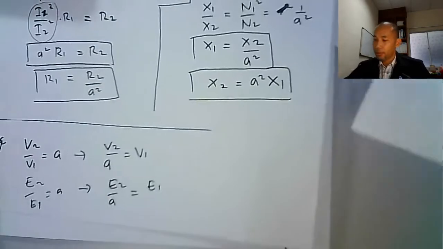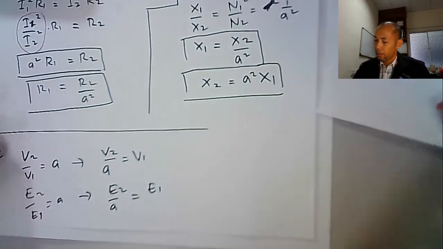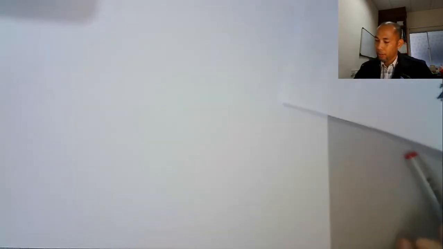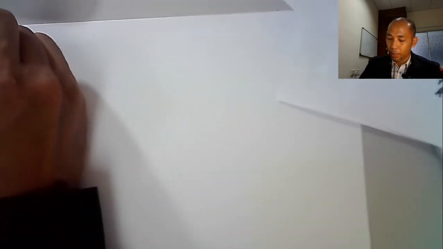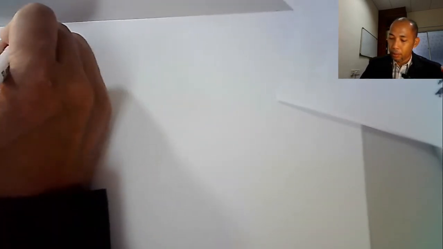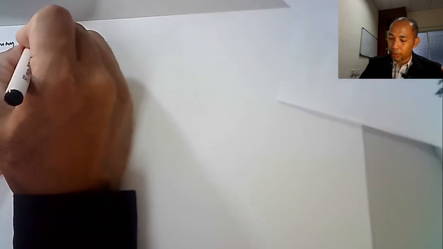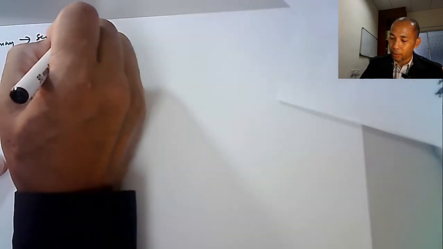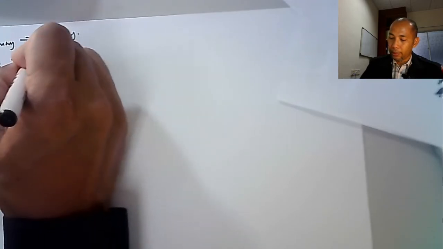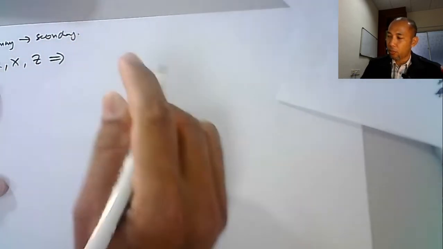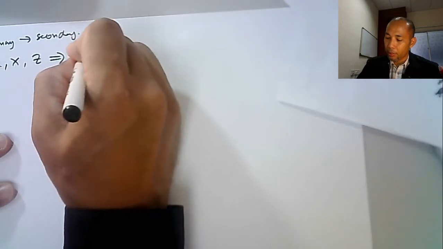Now finally we will get just a summary. If we want to transfer from primary to secondary, for R, X, and Z, we have to times A square.